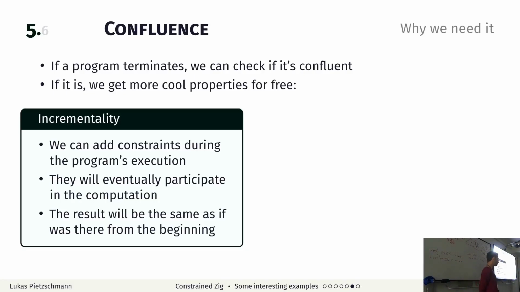This can be useful, for example, with feedback loops, where we get a constant stream of new information. We can then just feed those new information constraints to our solver, and they will be part of the computation.